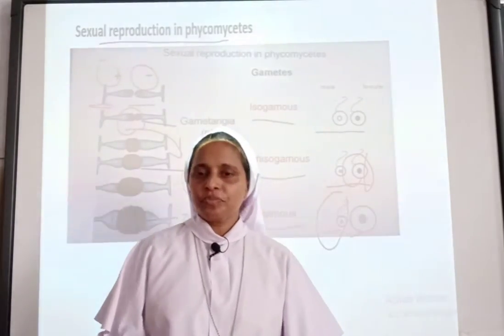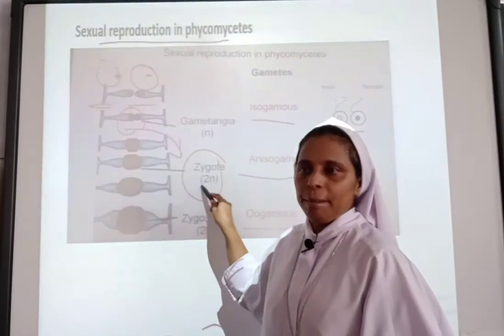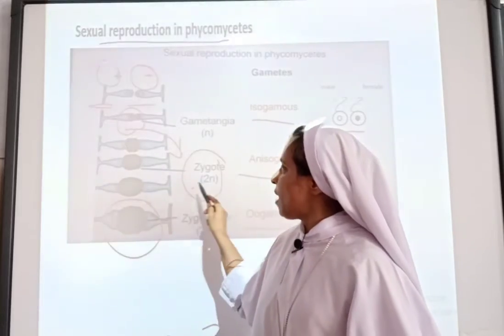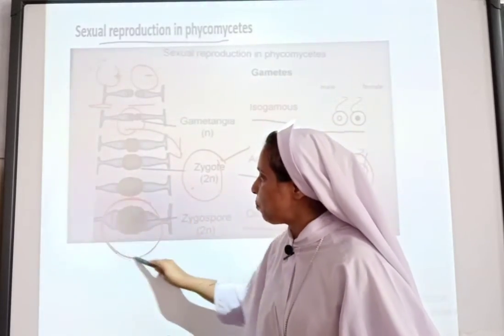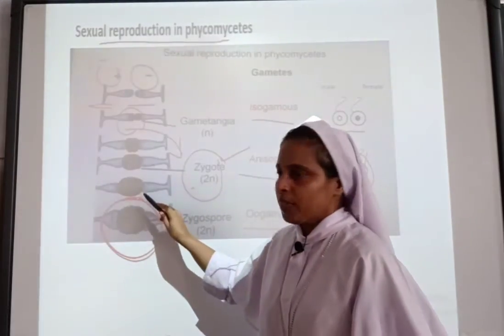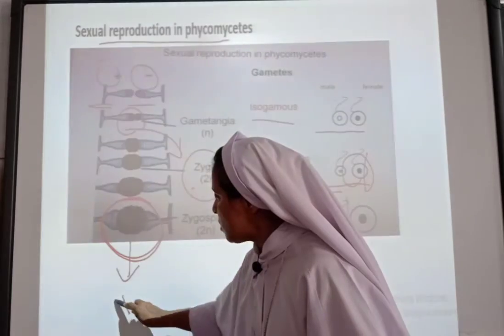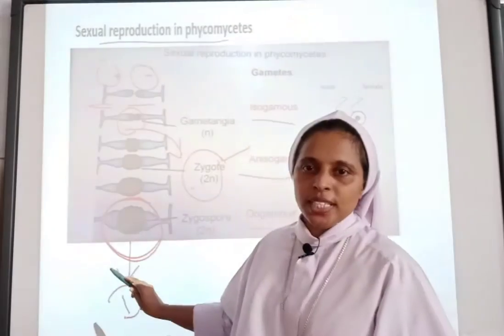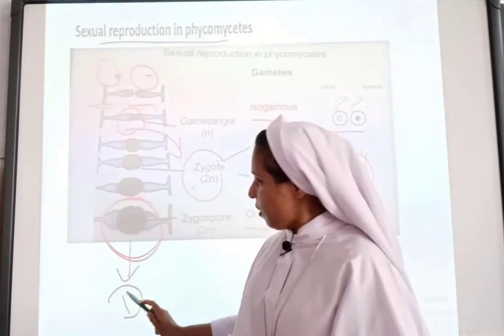Is it clear? So after the formation of the zygote, what happens? A large zygospore is formed. This zygospore will remain dormant for a long period of time.